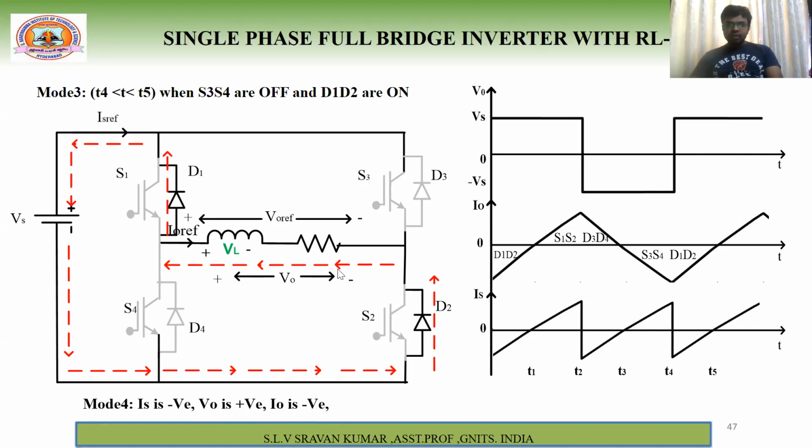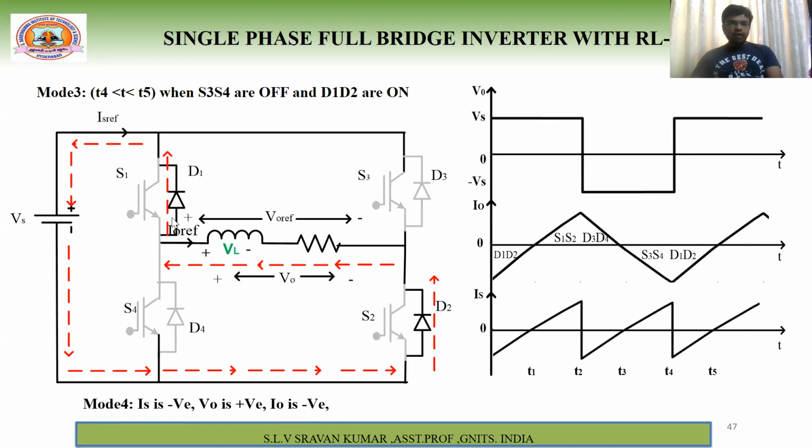Next, this negative, or this negative, whatever, both are the same. This negative appears at D2 cathode. D2 cathode negative means obviously D2 anode is positive. Therefore, this is forward biased. Now the inductor will discharge its energy through D1, this source, again D2, and to the return path.